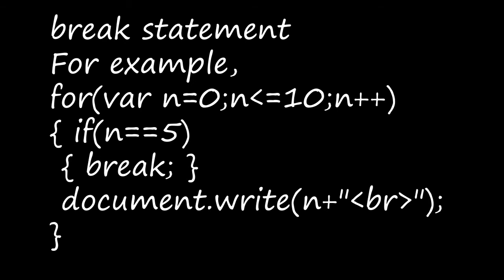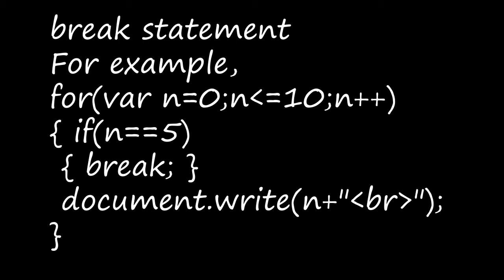Okay, here they have given an example with for loop. Here for variable n is equal to 0, that initialization is done. n less than or equal to 10 is the condition, and n plus plus, right? Inside for loop, if n is equal to 5, inside the if statement they have given break, and then document dot write n plus br tag, right?